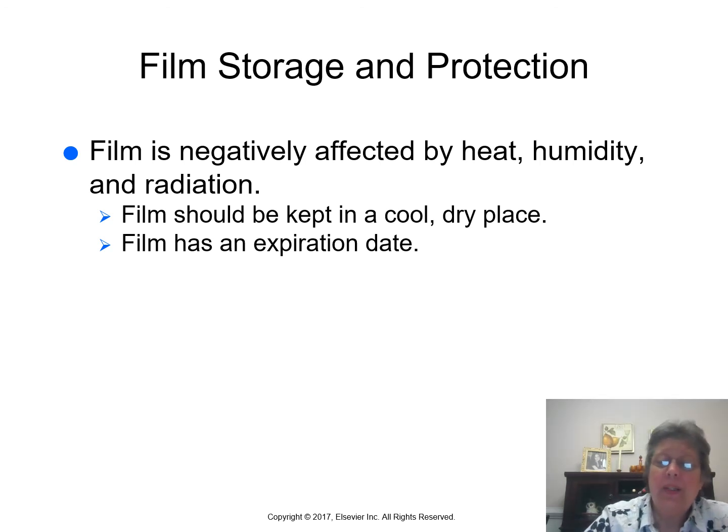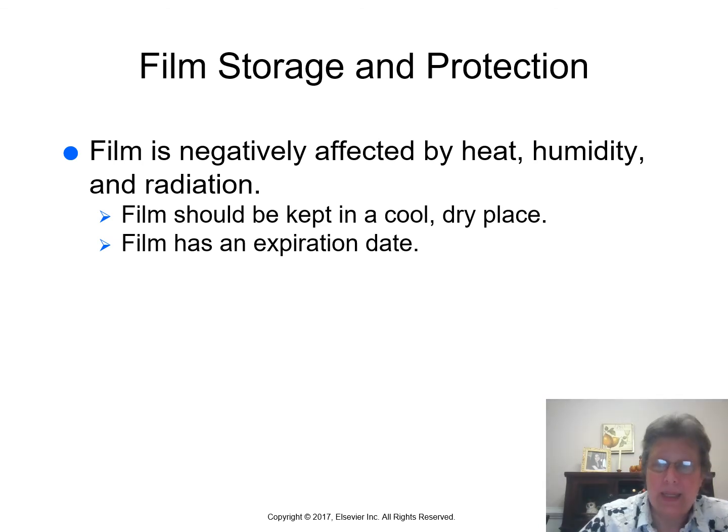We want film to be stored in a temperature range of about 50 to 70 degrees Fahrenheit. That way it's not too hot and it's not too cold. We also like for it to be kept in a place where the humidity is between about 30 and 50%. We don't keep unused film in the operatory with us, because since we are exposing x-rays in those rooms, the unused film can pick up some of that radiation, and then we'll have film fog.